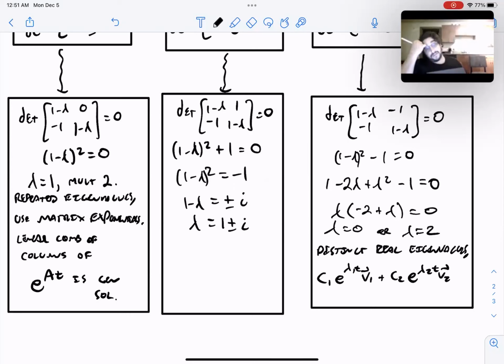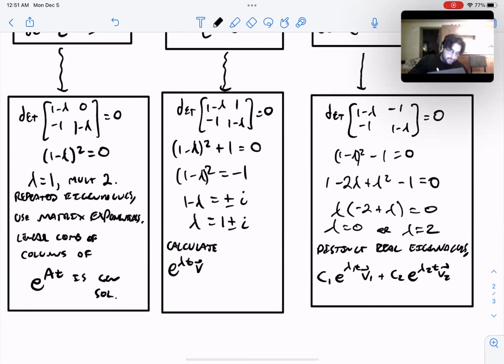Then in the middle, we have the complex case. So what do you do here? It looks a lot like the previous one at first. You start with e to the lambda t v, where v is an eigenvector for lambda. And typically, just pick the positive root and throw away the negative. It's a lot like the characteristic polynomial method for solving higher order differential equations.